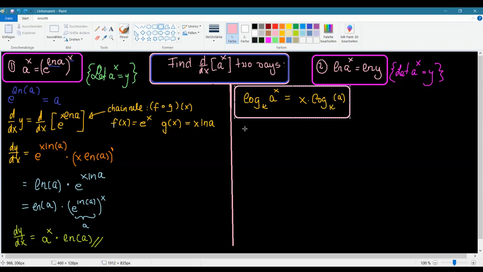When we're deriving this, I'm going to write down d by dx of x times ln a equals d by dx of ln y. And that's going to become a product rule right here.